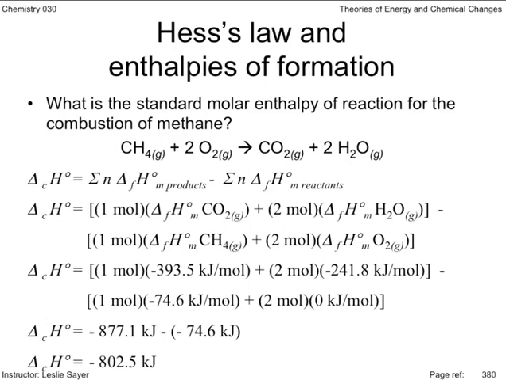So the combustion of methane, as written in the balanced equation, releases 802.5 kilojoules of energy. Since the equation is written as showing 1 mole of methane, then the molar enthalpy of reaction is negative 802.5 kilojoules per mole.